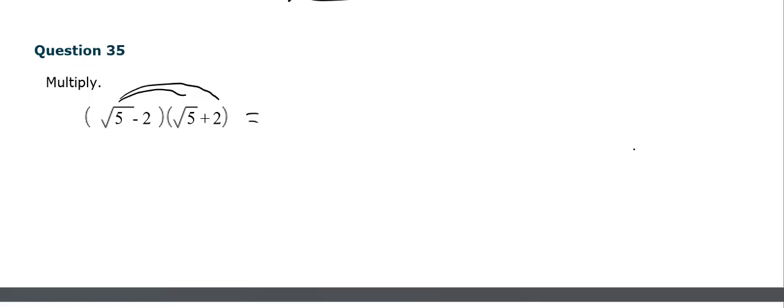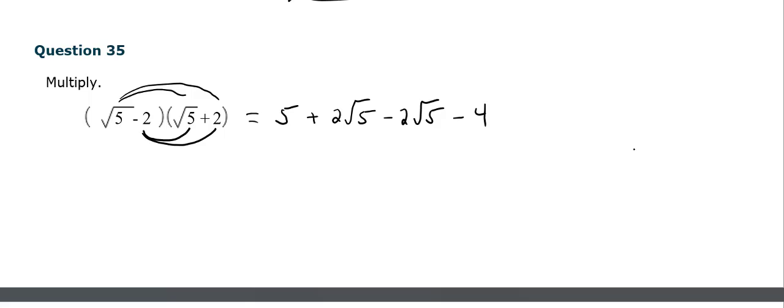So the square root of 5 times itself, remember, we'll remove the radical sign. The square root of 5 times positive 2 gives us 2 square roots of 5. Next, we're going to distribute the negative 2 times both. So negative 2 times the square root of 5 gives us negative 2 square roots of 5. And negative 2 times positive 2 is negative 4.